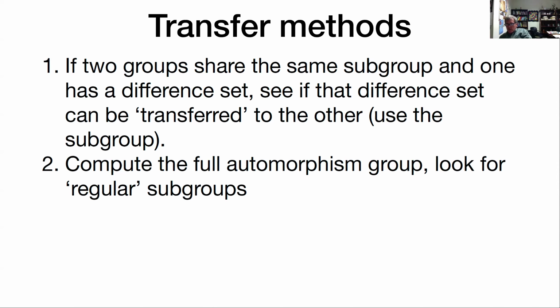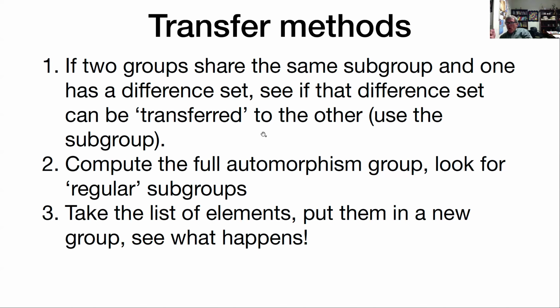A second transfer that also handled a good number of cases is to get a difference set and develop it: take all its translates and look at that design. Calculate the full automorphism group of that design, and then look for regular, in other words, sharply transitive subgroups of the design. If you find a different sharply transitive subgroup than the one that you knew, you get a difference set in that subgroup.